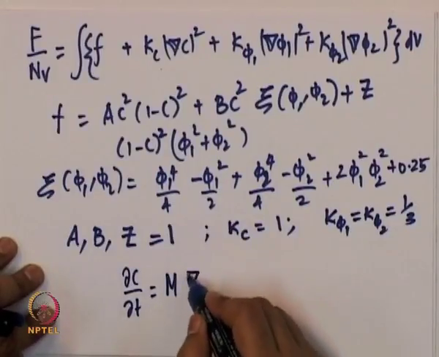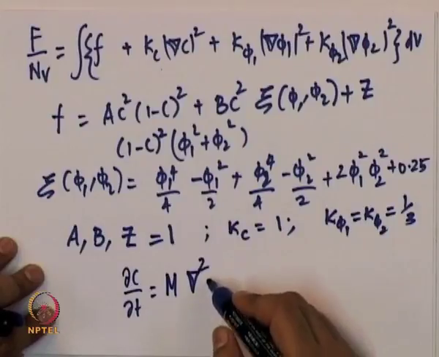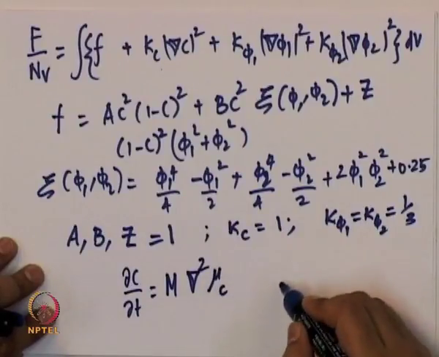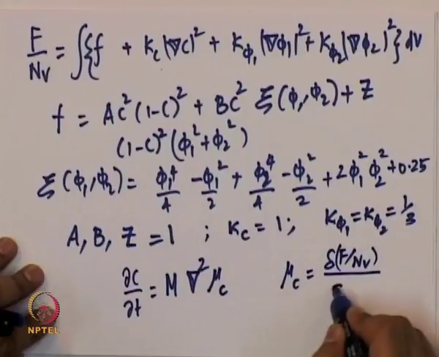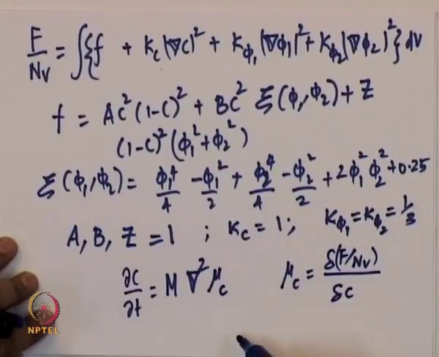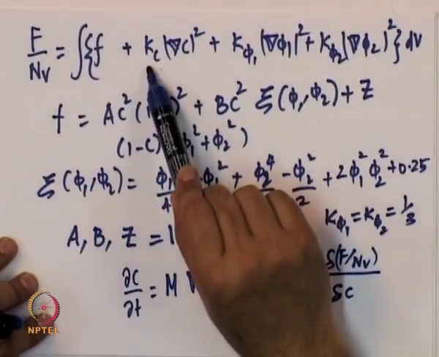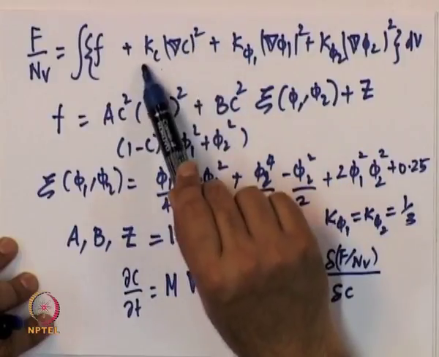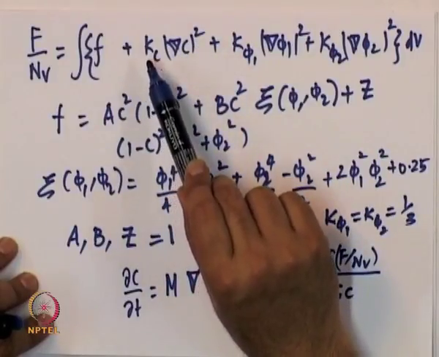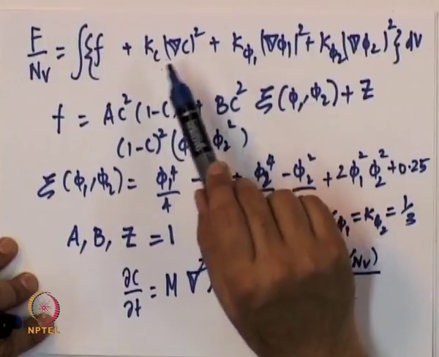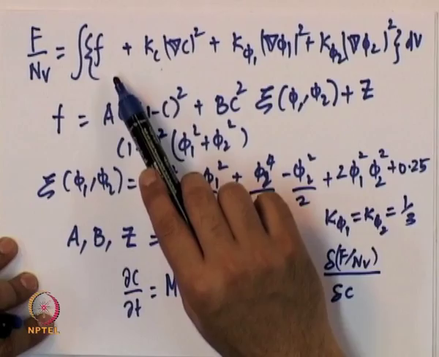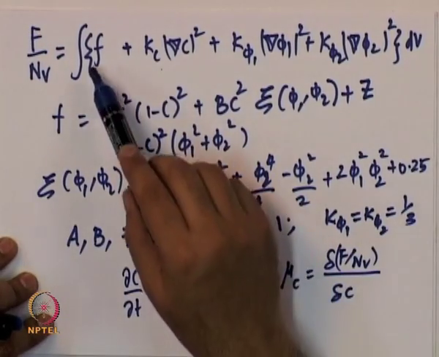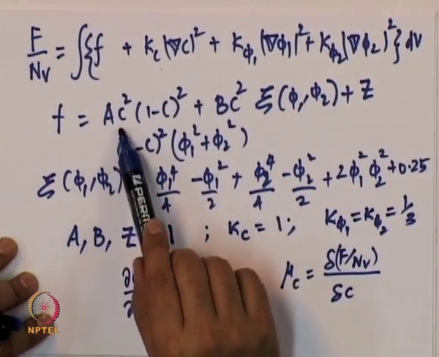So, M del squared acting on mu C, where mu C is nothing but delta F by delta C. As you can see, this variational derivative is going to give me minus kappa C del squared C, of course, and this is going to give me dou F 0 by dou C. That then has to be differentiated.